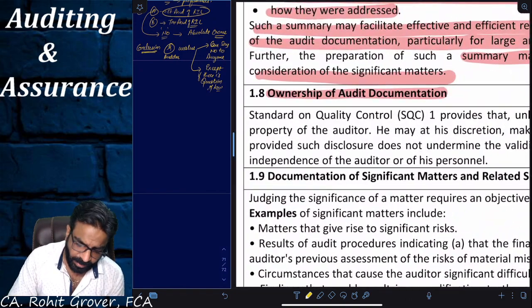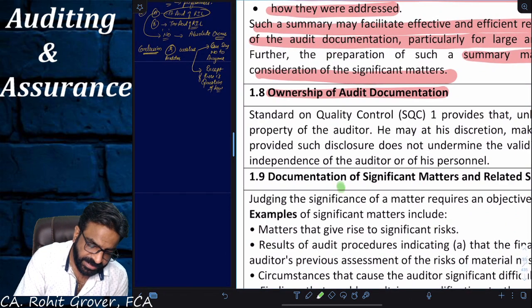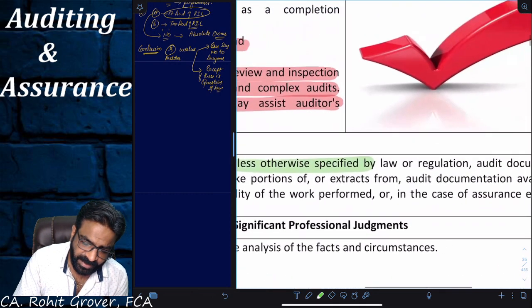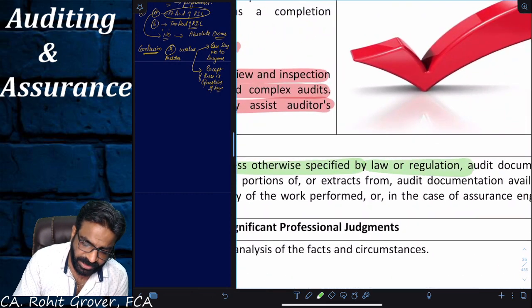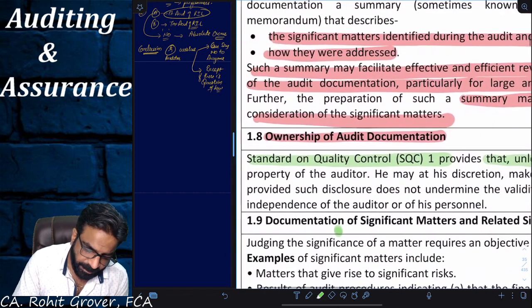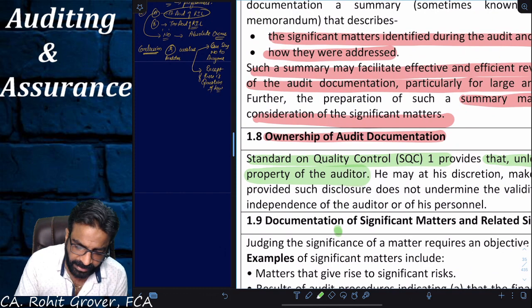Standard on Quality Control 1 provides that unless otherwise specified by the law or regulation, audit documentation is the property of the auditor.